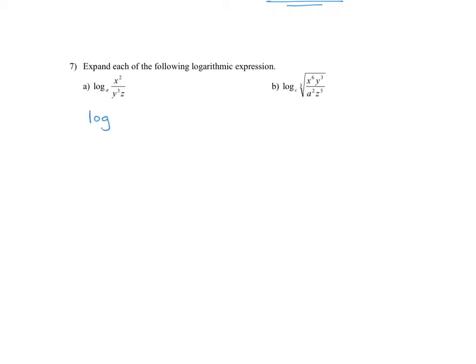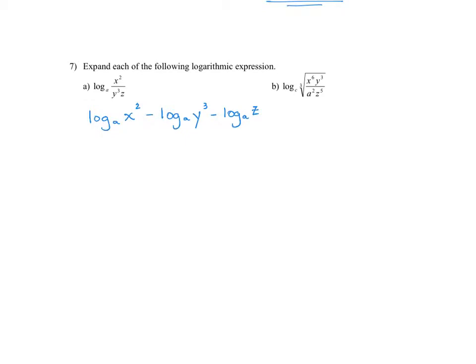So in this case, I would have log base A of x squared, because it's in the numerator, minus log base A of y cubed, because it's in the denominator, minus log base A of z, because it's also in the denominator.